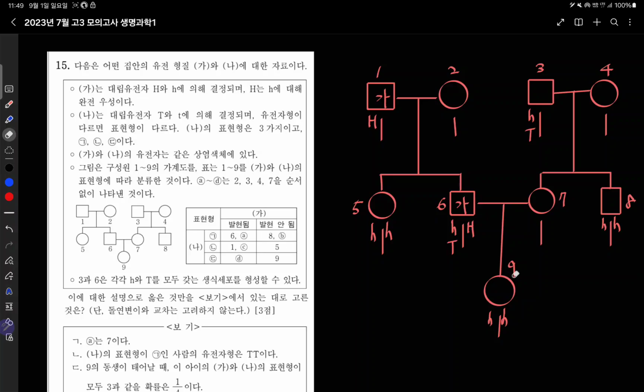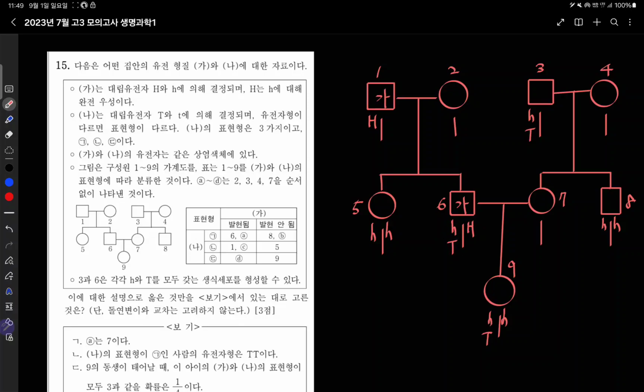So number 9 should have the chromosome with lowercase h and capital T coming from his father.